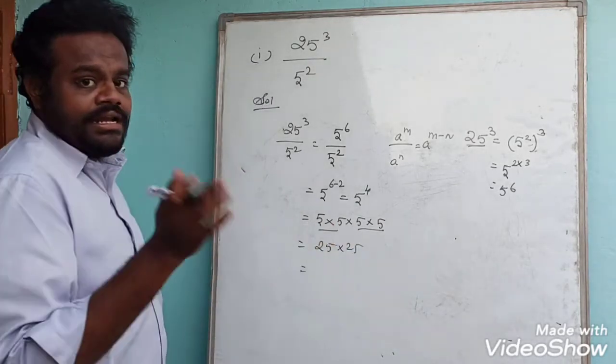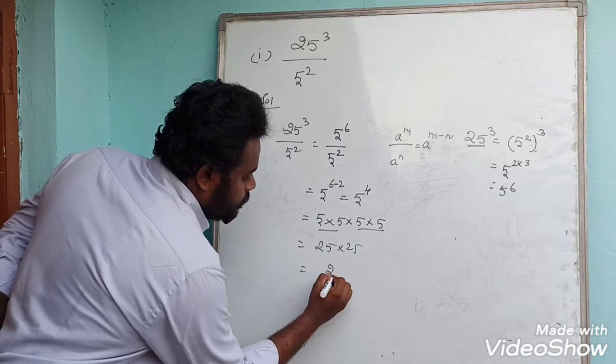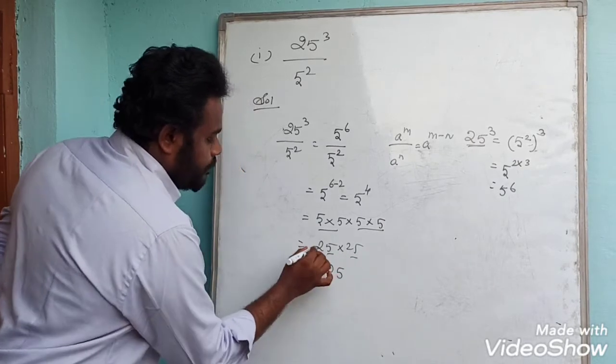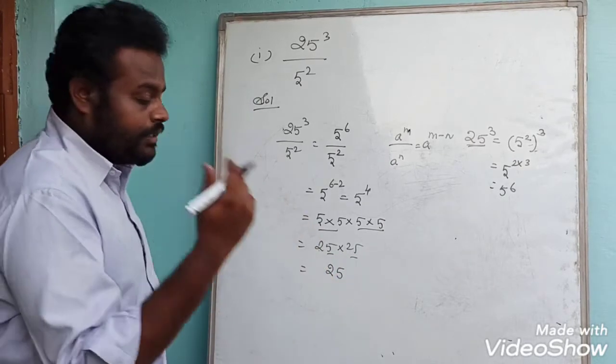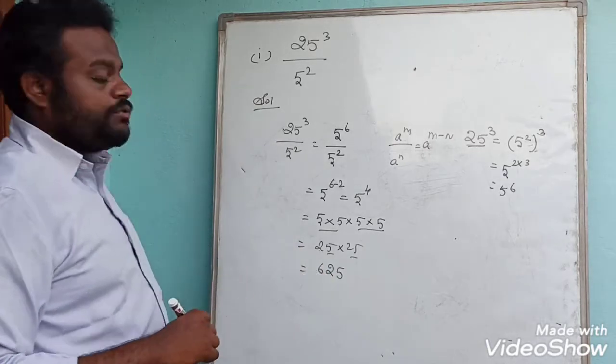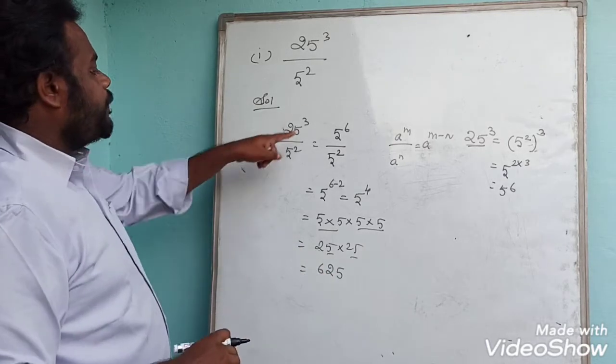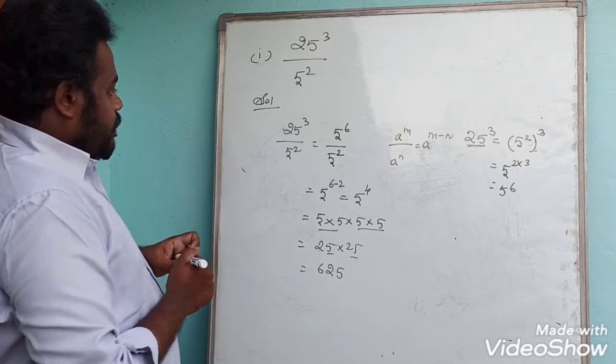Here I already told one shortcut method. So 5 ends the number with 25. What is the remaining number? 2. After that, 3, 6. So 625 is the value for 25 cube divided by 5 square.